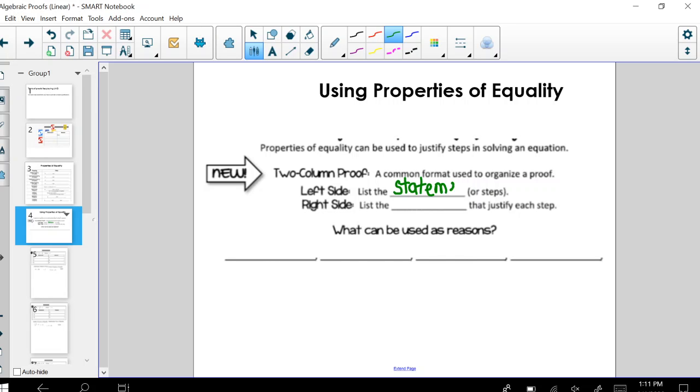This would be like when you had to show your work in Algebra 1, that would be what you would write down there as the statements. And then the right side is your reasons that justify each step. So the reasons, again, can be properties that we've learned. They can be definitions.